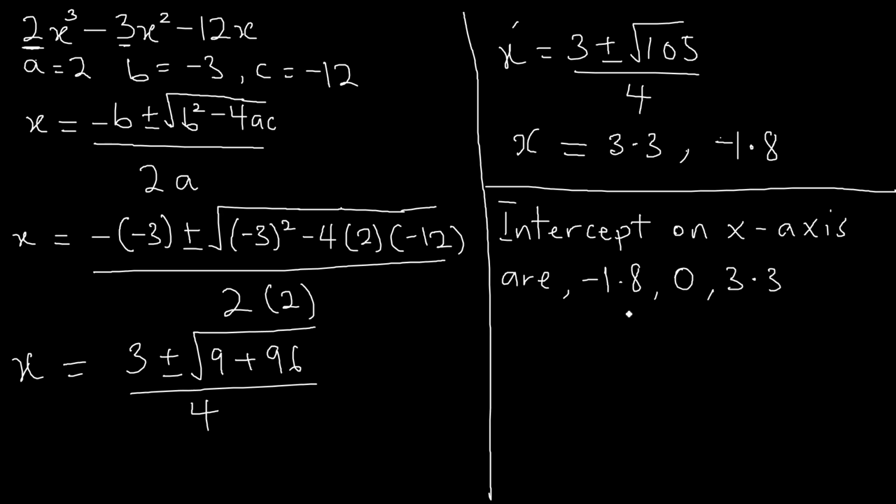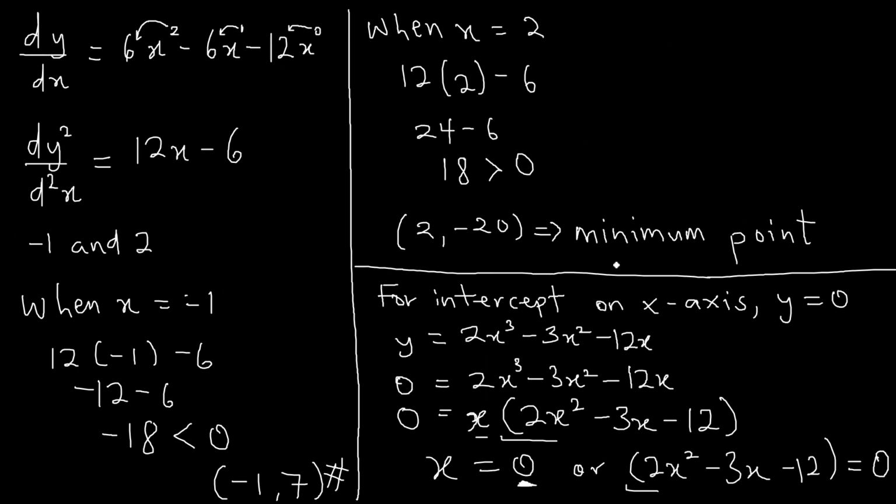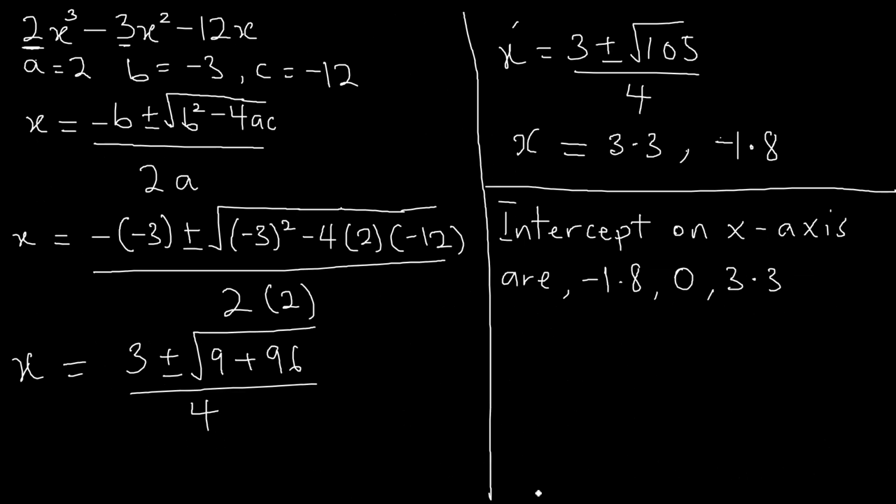If you've forgotten how we got the 0, refresh your memory. Remember this particular value, the 0 here. This is one of the intercepts. So the intercepts on the x-axis are actually negative 1.8, 0, and 3.3.